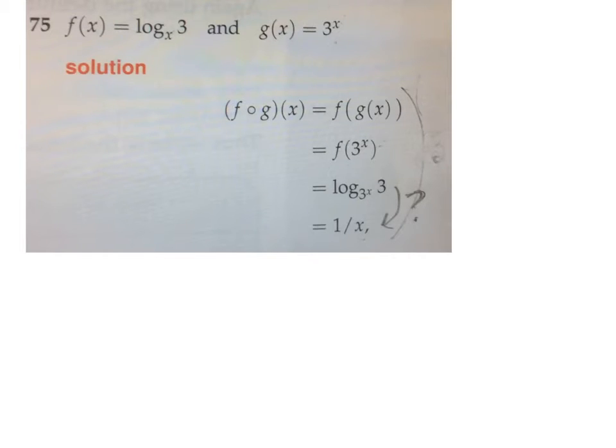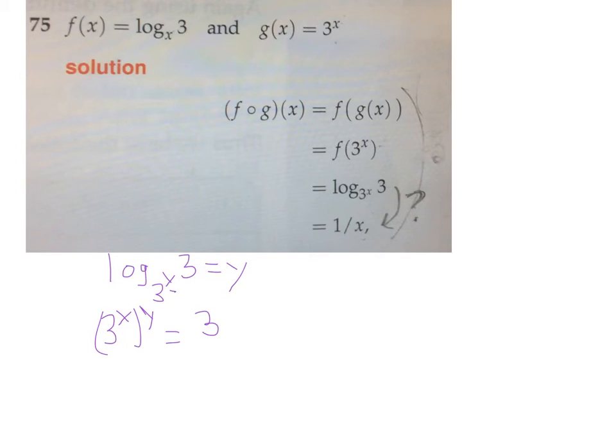I think if we start at log base 3 to the x of 3, and I'm going to write equals y here, because if we write it back in exponential form, it would mean 3 to the x to the y equals 3. Sorry, I messed that up. I was looking at the wrong thing, the x here.